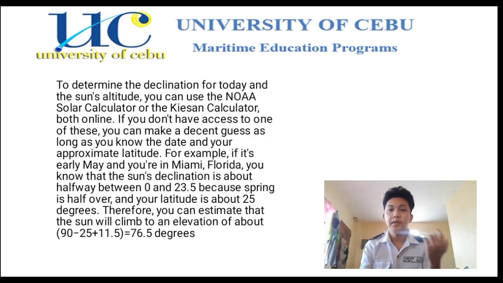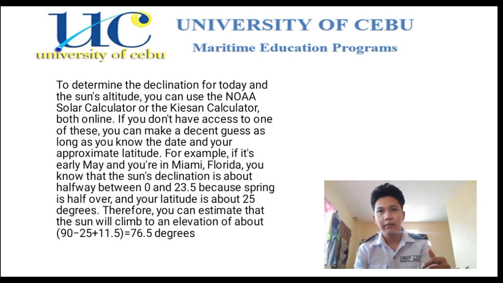To determine the declination for today and the sun's altitude, you can use the NOAA Solar Calculator or the Keisan Calculator, both online. If you don't have access to one of these, you can make a decent guess as long as you know the date and the approximate latitude. For example, it is early May and you're in Miami, Florida.